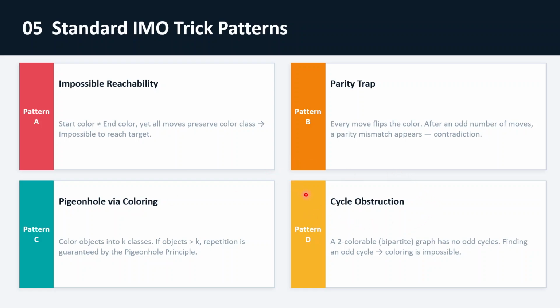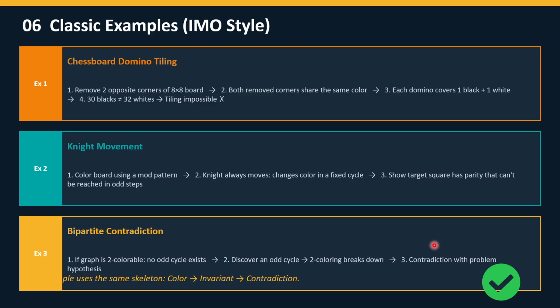Cycle obstruction. For example, let's say you take some turns: you have a number and you keep changing it, and finally you get the same number again. That's a cycle. These are just examples.